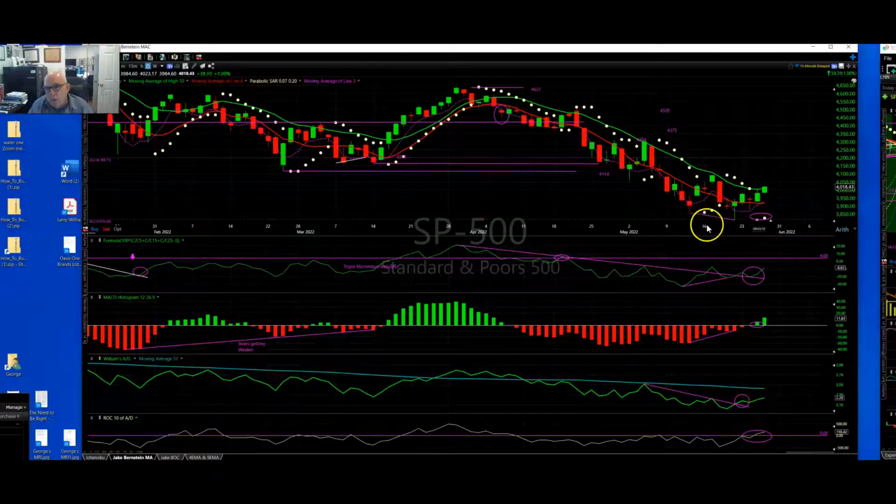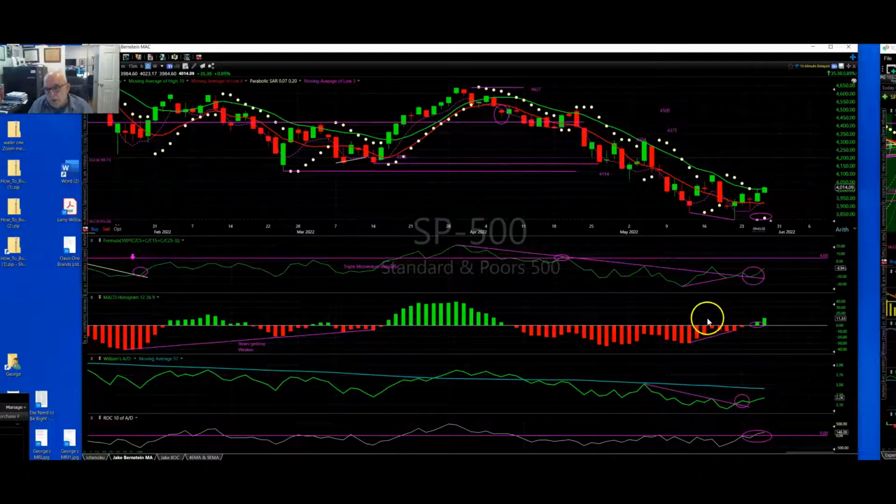Where are we now? Okay, we made a lower low here. We made a lower low than this low, and I drew this line. Now, if you go to the MACD histogram down here, you'll see that even though we didn't get a false breakout, which is classic for a divergence of MACD, we got a divergence.